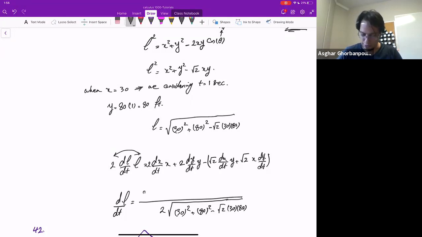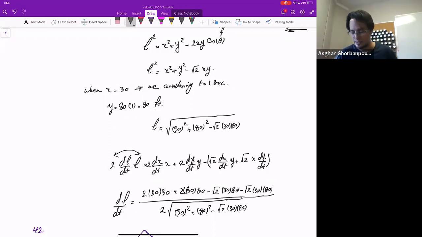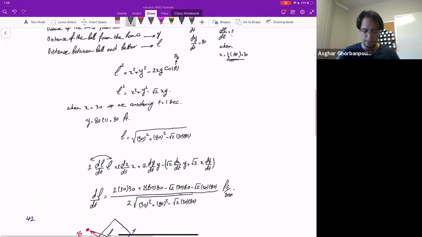And in the numerator, 2 times dx/dt is 30, x itself is 30, plus 2 times dy/dt is 80, and y itself is 80, minus root 2 times 30 times 80, minus root 2 again 30 times 80. You simplify all of this, and feet per second is what you are looking for in this question.